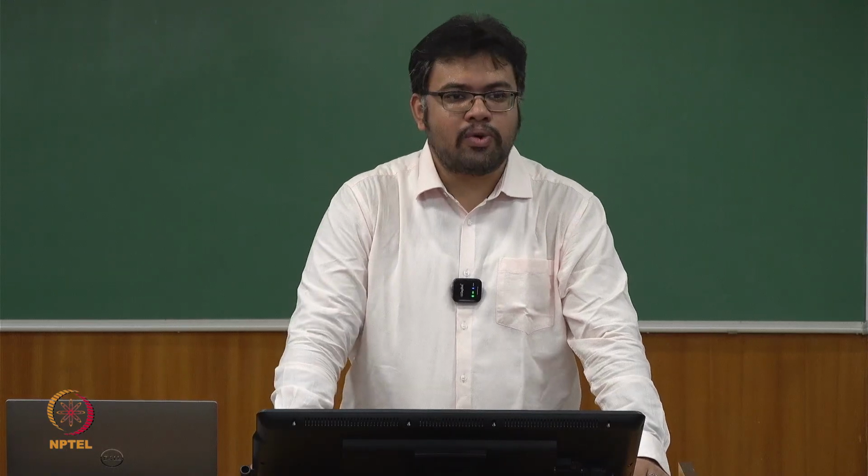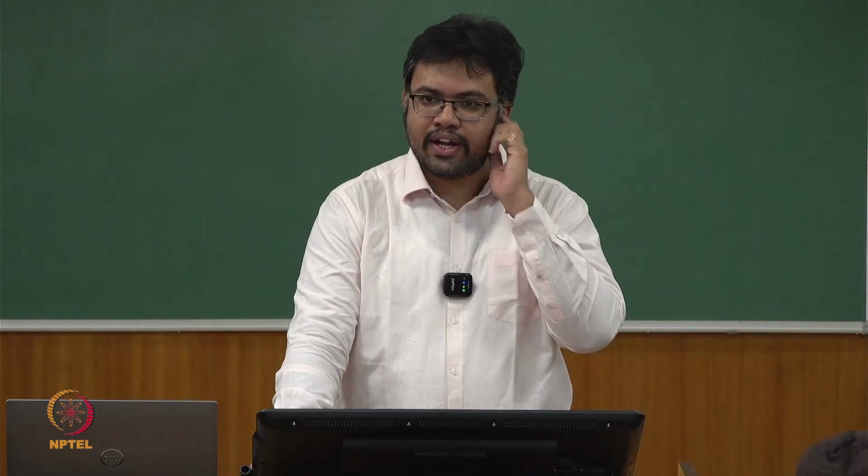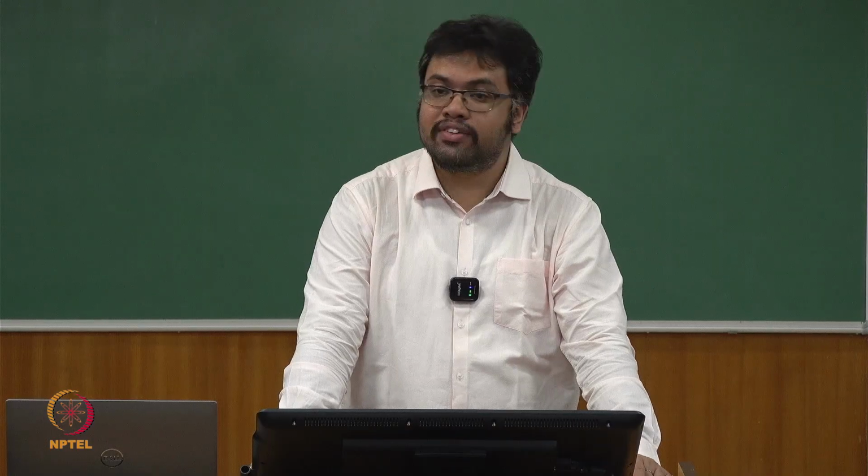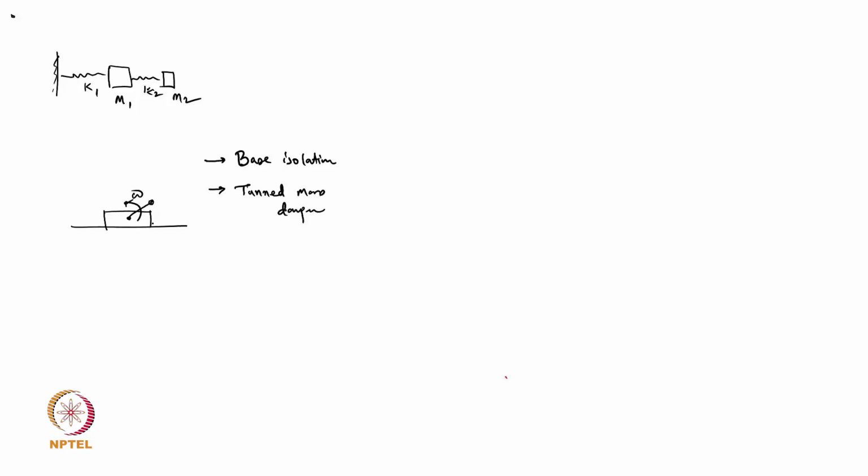Okay, now I mentioned at the very beginning that it's a two degree of freedom system. Now whatever we are discussing, both situations can be covered by a two degree of freedom system. We just have to understand what is where. Okay, so first case, if we think you have a structure mounted on the floor, and you want to reduce the vibration transmission from the machine to the floor.